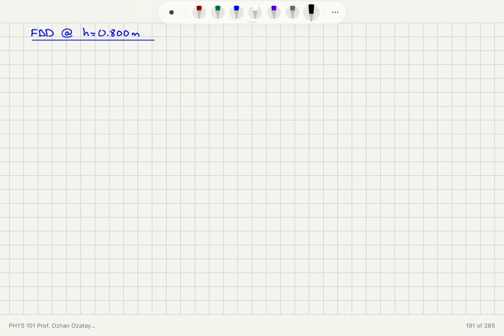So at this height, when the cord makes an angle theta with respect to the vertical axis, we have the weight, the total weight, mass of the bullet plus the wooden block multiplied by g, and then we have the tension in the cord, tension T, making an angle theta with respect to the vertical axis.